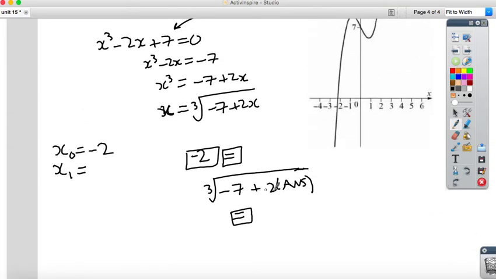So when you do that, I'll just do it for now. If we put in -2 there, I'll do it in my head because I haven't got a calculator on me. 2 lots of -2 would be -4, -7, take away another 4 is -11, and the cube root of -11, in my head I don't know.